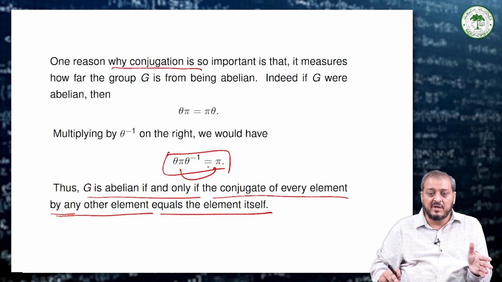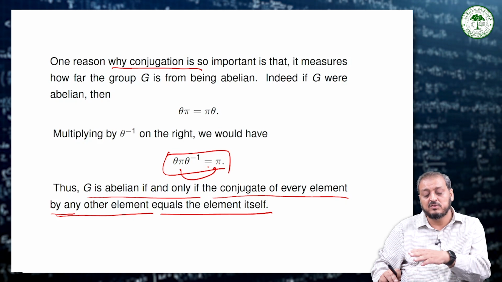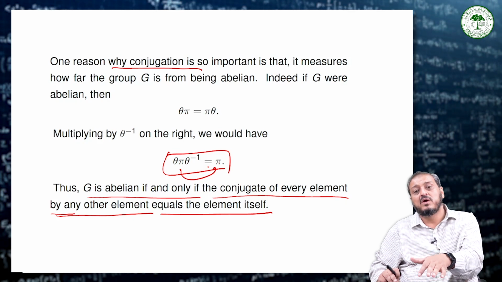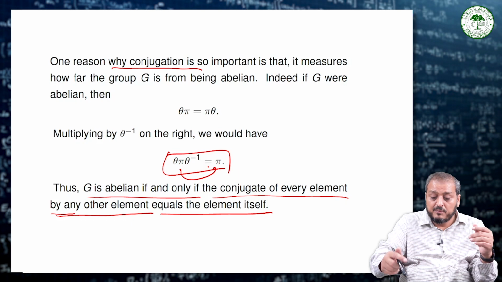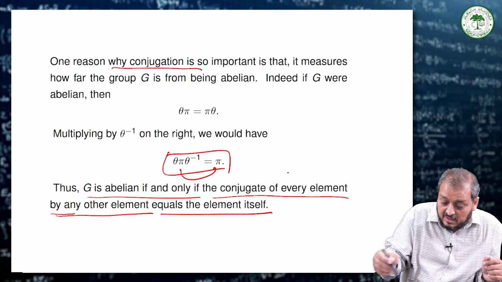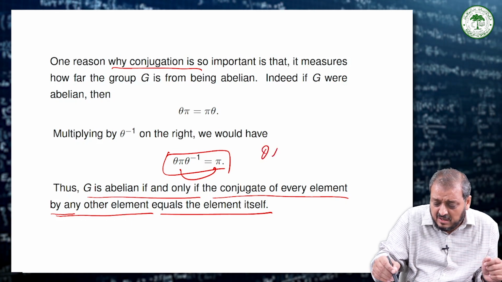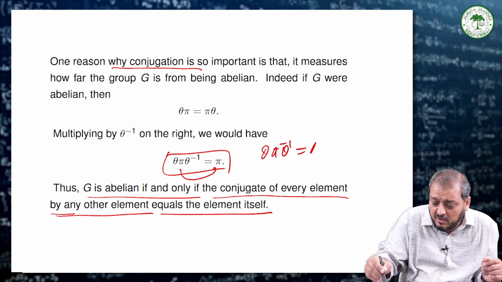If G is abelian, then the conjugate of an element equals the element itself, which we can easily prove. The other way, we say theta pi theta inverse is equal to pi.